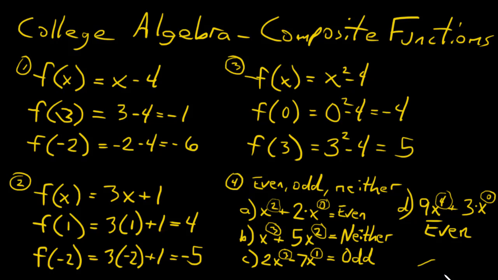So here we go. Okay, so let's ease into composite functions. We're going to start off doing the f notation that we were doing, and we're going to beat this into the ground because that is the easiest way to get a good handle on composite functions. So we're going to start off with f of x is equal to maybe x minus 4.